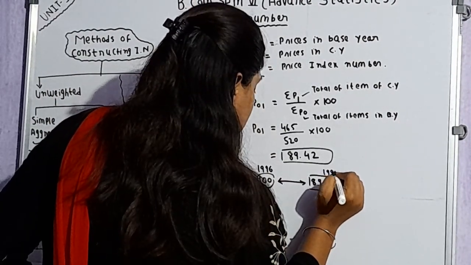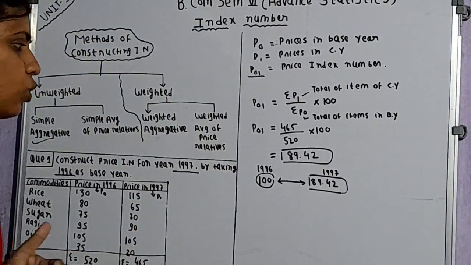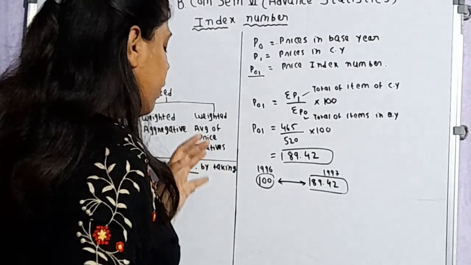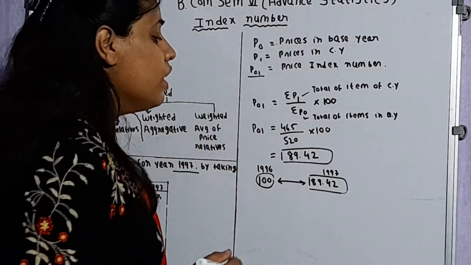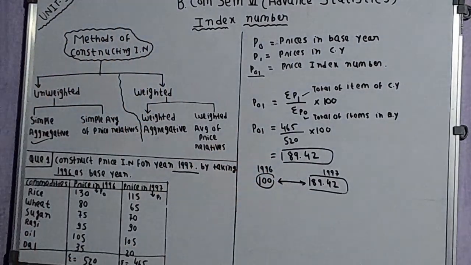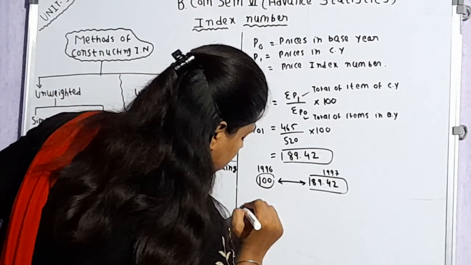This is the interpretation of the index number. It shows that the price of any commodity which was 100 in 1996 has now declined to 89.42%.